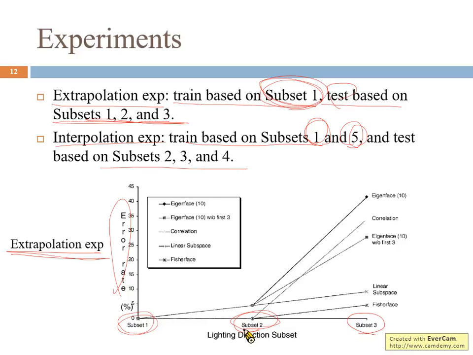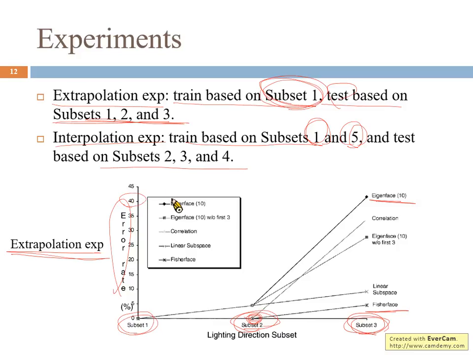But for the second subset, we see that the error rate of the eigenface increases, and the Fisherface does not increase significantly. And for the third subset, the error rate of the eigenface increased to 40%.